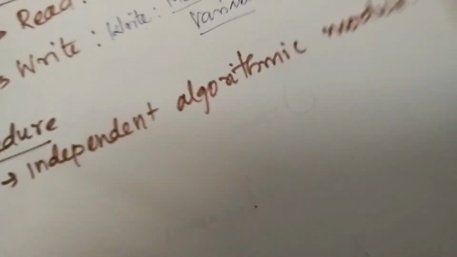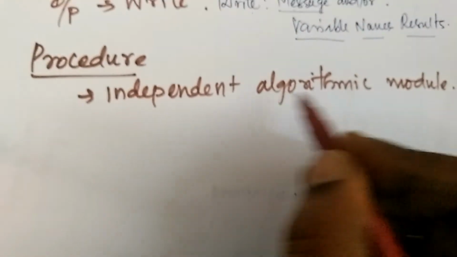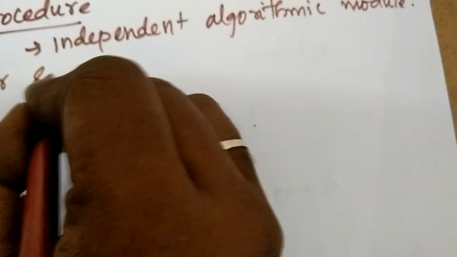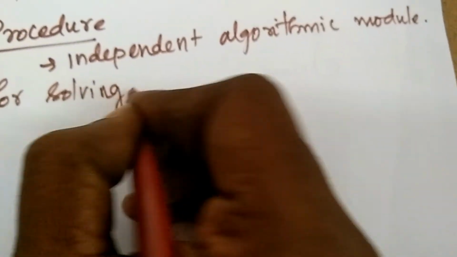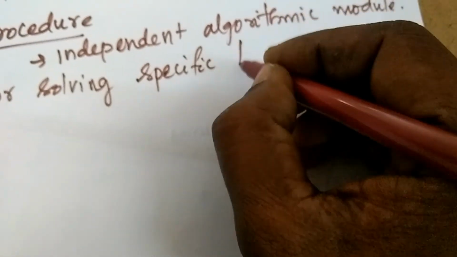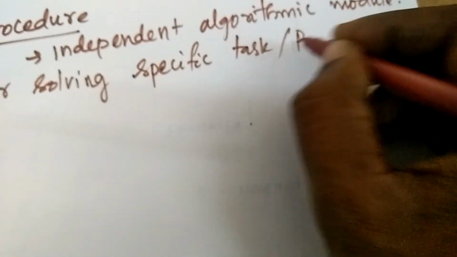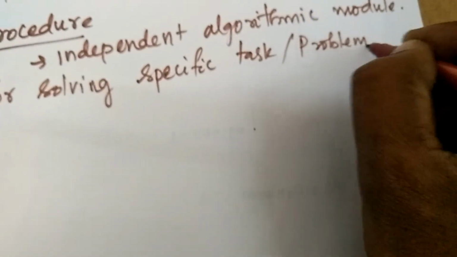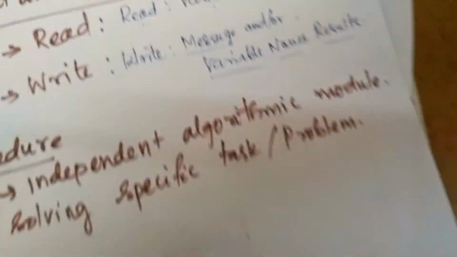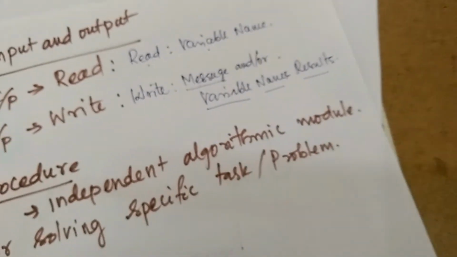So the term procedure means an independent algorithmic module for solving a specific task or problem. That's all about the terms involved in the algorithmic notations.